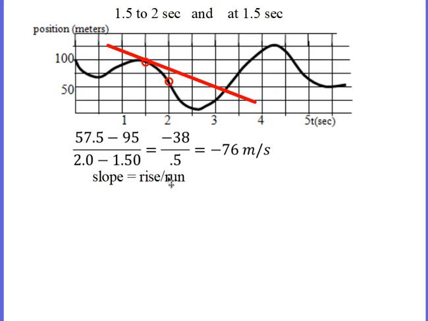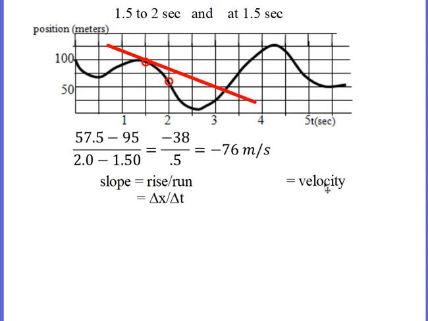Oops, I got ahead of myself. As I said, we're finding the slope in a position versus time graph. Slope would be change in position over change in time, and that, of course, is what we mean by velocity.